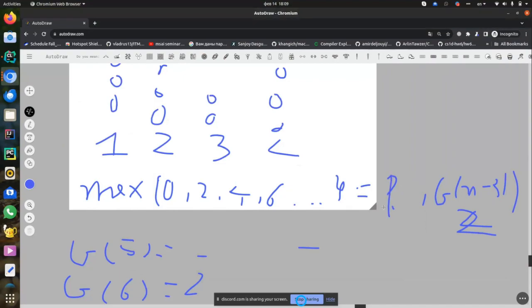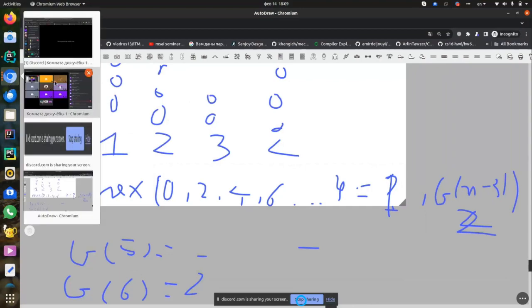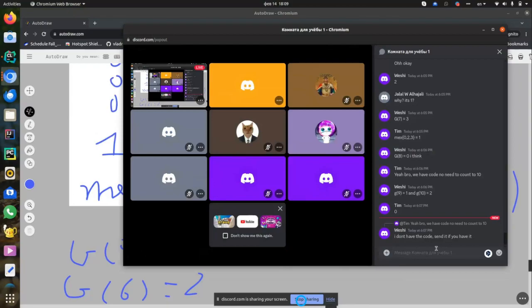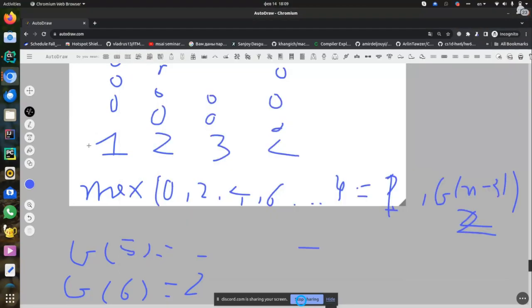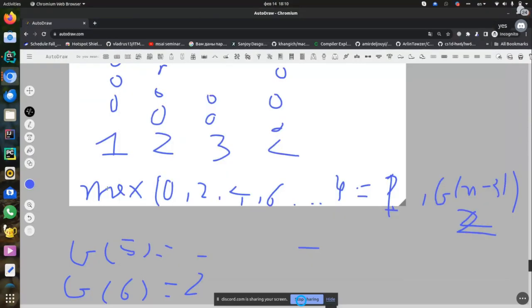So here it is 3, because 3 is the smallest non-negative number not present in the set. The smallest non-negative number not present in the set. Do you get it? I'm sharing the ideas first, not the code.